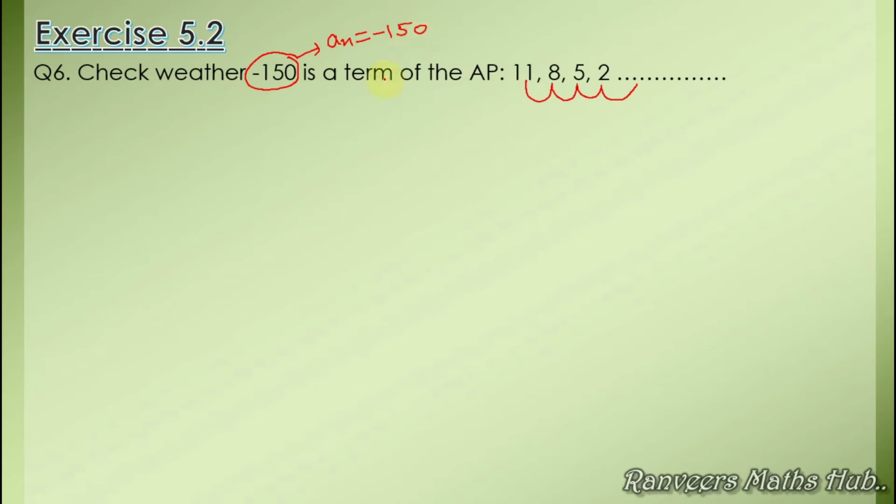So an is equal to minus 150. Okay, so first of all we will write the formula. The nth term of an AP is equal to a plus (n minus 1) multiplied by d. So the nth term is an, the first term is a, and (n minus 1) multiplied by d.